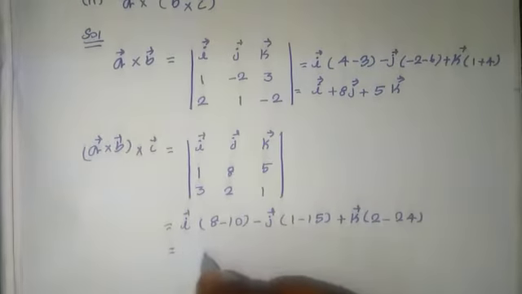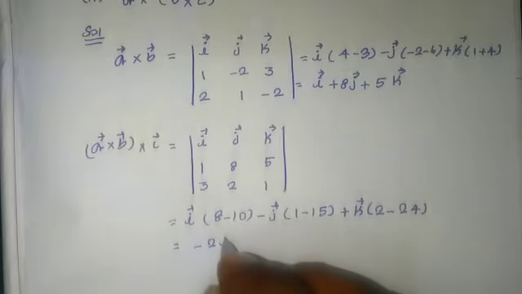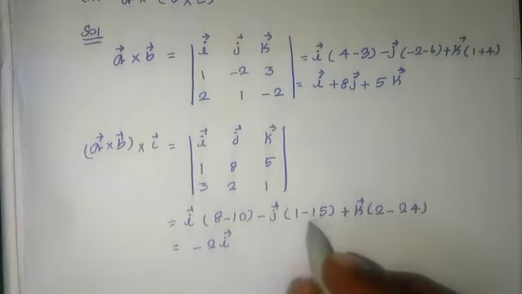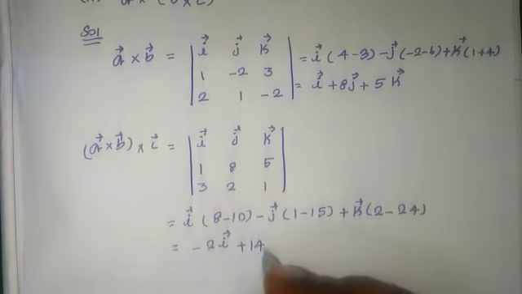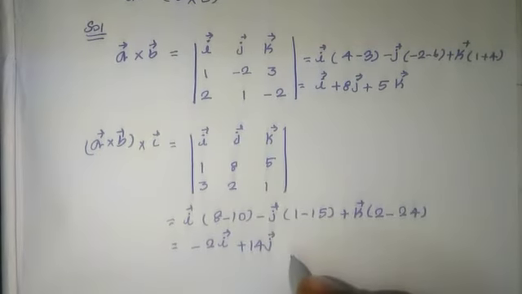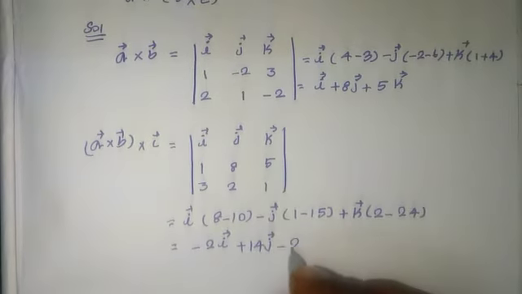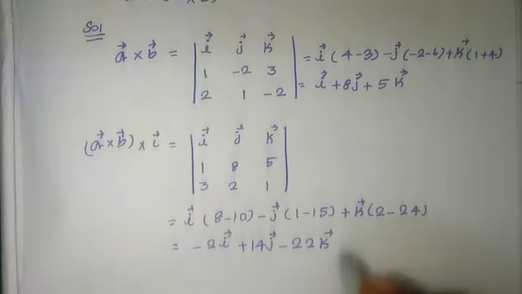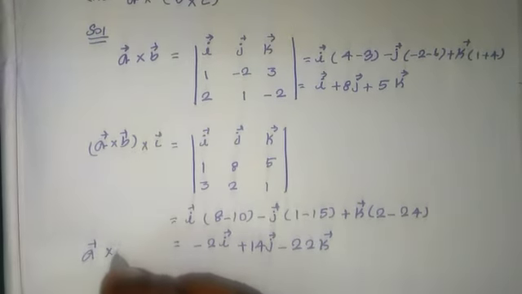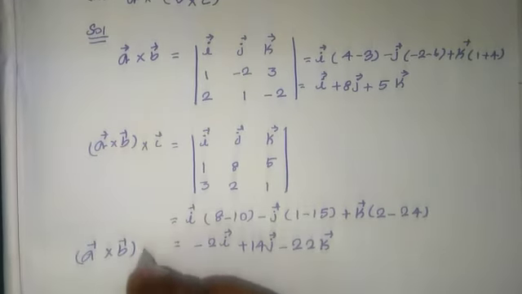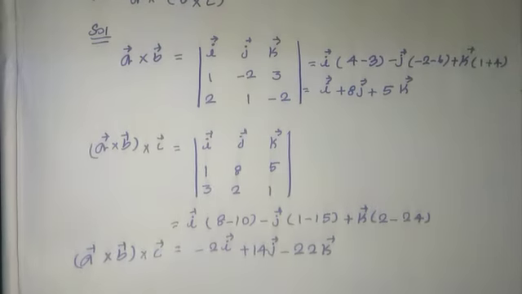That is minus 2 into i vector minus 14. So plus 14 into j vector minus 22 into k vector. That is a vector cross b vector cross c vector.